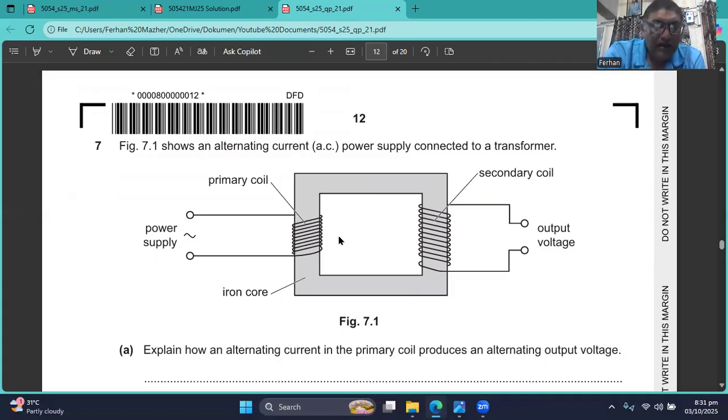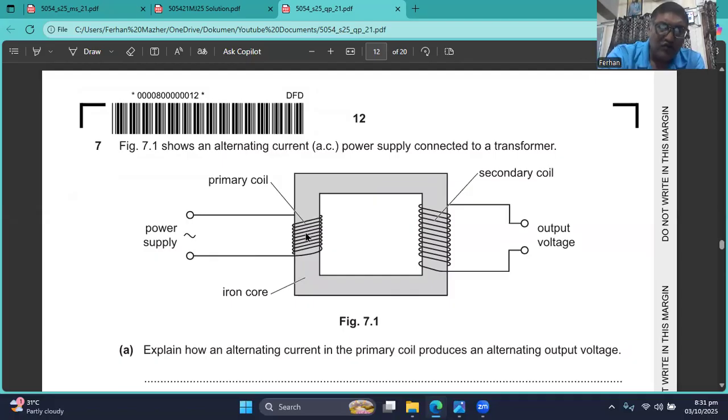In the primary coil, you provide the alternating current. You know that in alternating current, the direction and the magnitude periodically change.